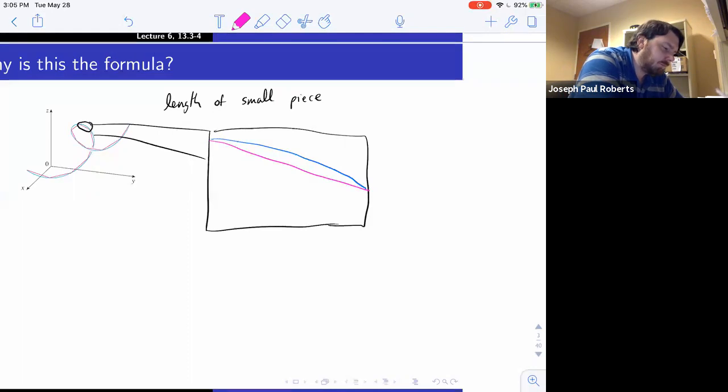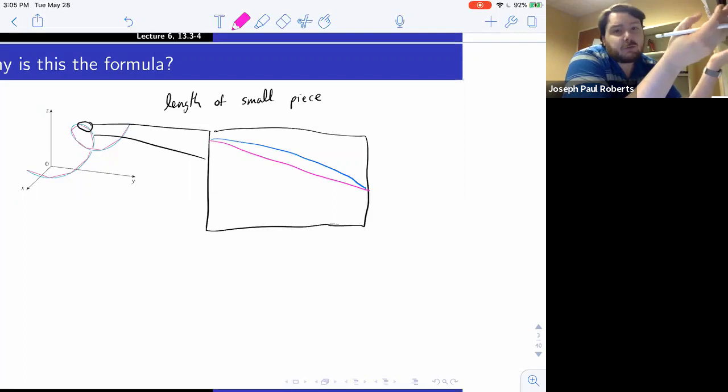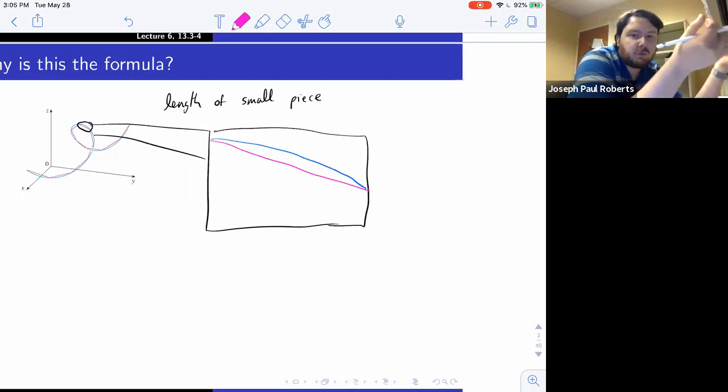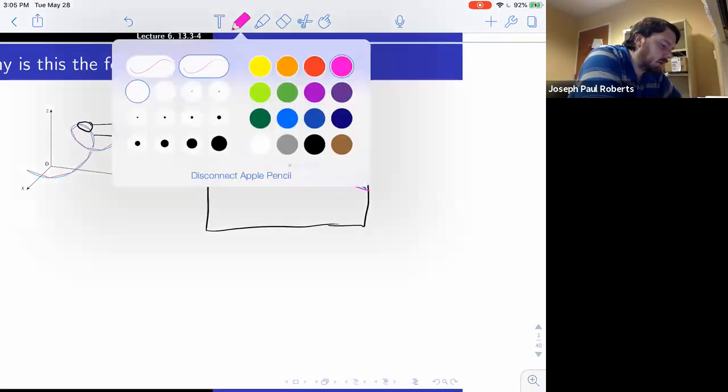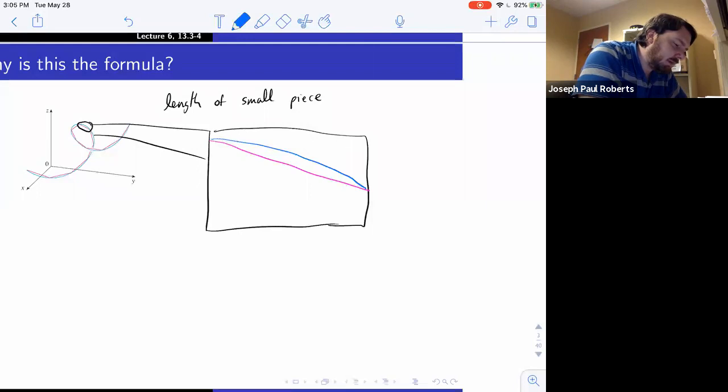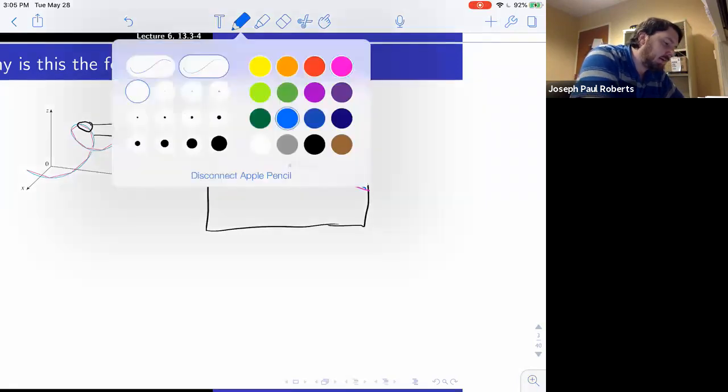Okay, and so the idea, just like in Calc 1, if you remember, the whole idea of tangent lines was if you zoom in really close on a curve, it almost looks like a straight line. And the concept of derivative is the slope of that line when you zoom in really far. And so the idea is that this is a small piece that looks like that.